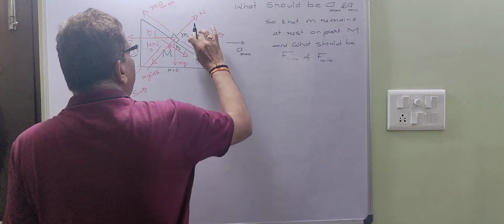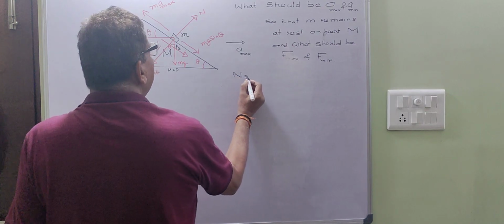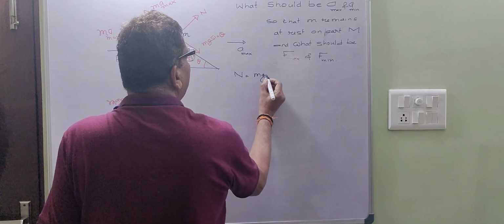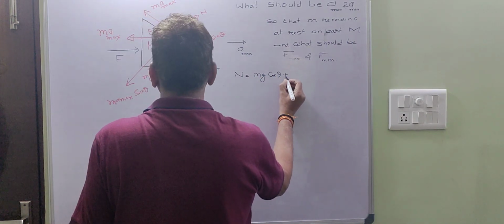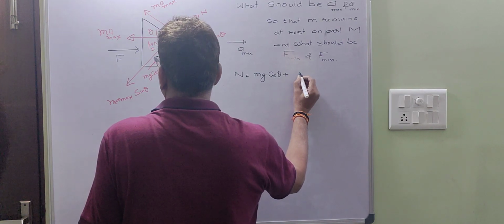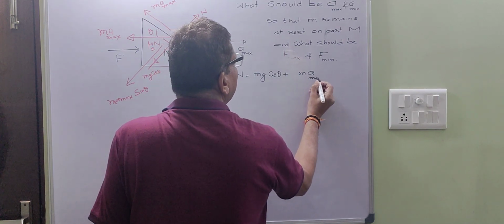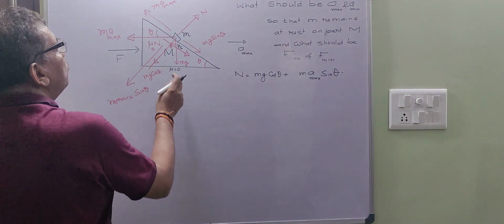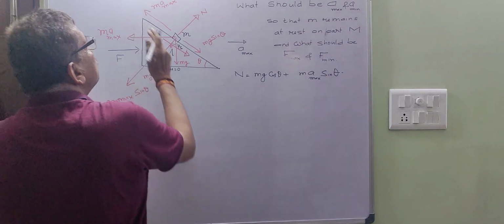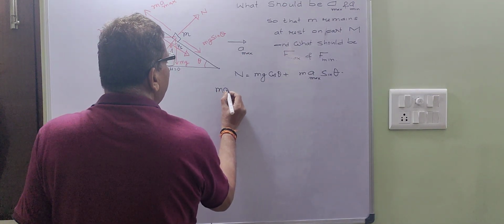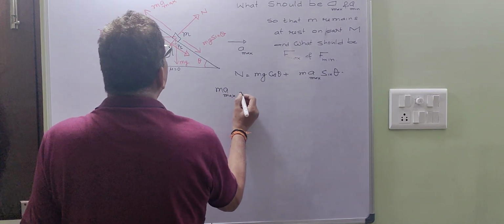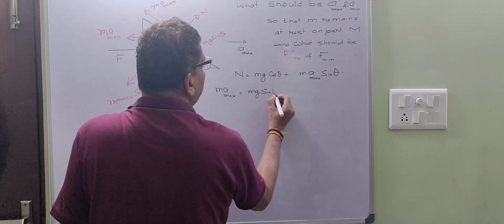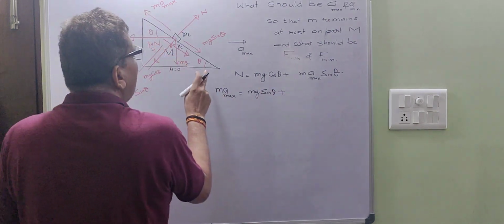Now the normal reaction N can be written as mg cos theta plus m a max sin theta. Can I write the normal reaction? Now since this is at rest, I can also say m a max cos theta should be equal to mg sin theta, which is acting down the plane, plus the frictional force, which will also act down the plane.